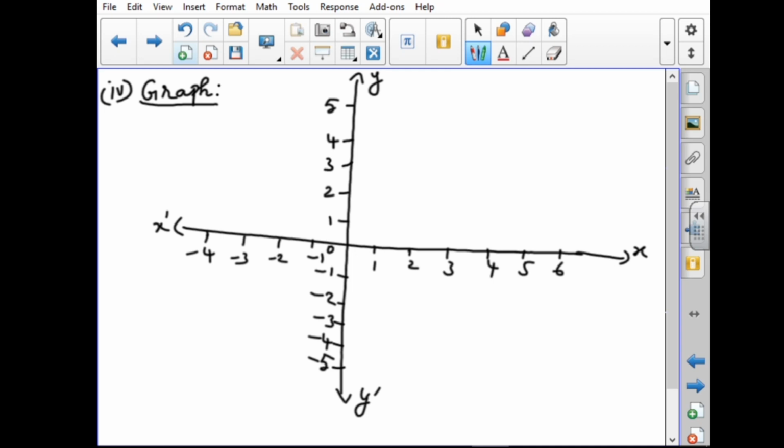The first one 1 comma 2, 1 is x axis and 2 is y axis. So 1 comma 2. Second one is 2 comma 2. Next one is 3 comma 2. Next one is 4 comma 3.